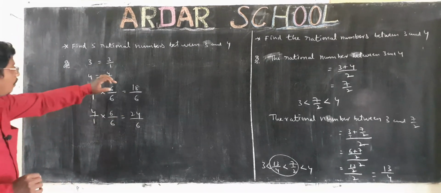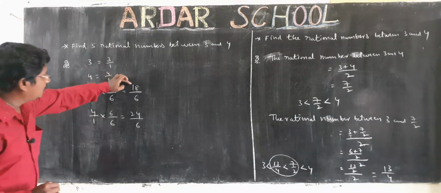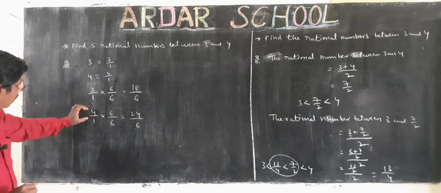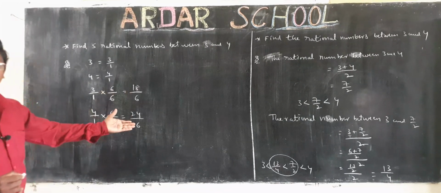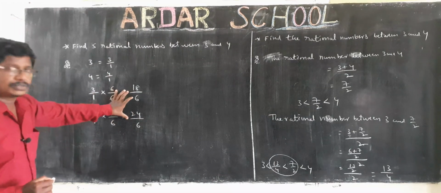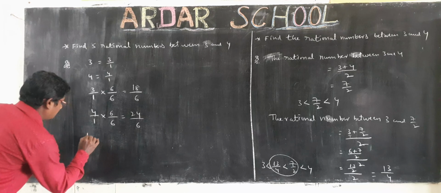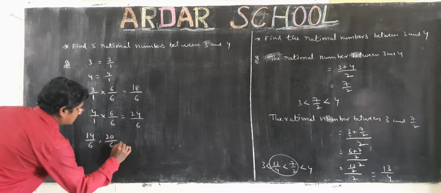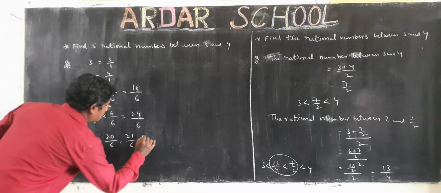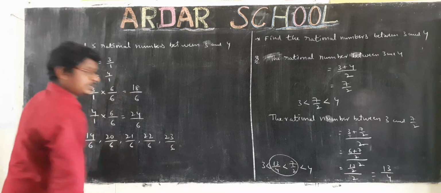The equivalent fraction of 3 by 1 is 18 by 6, and the equivalent fraction of 4 by 1 is 24 by 6. Now we have to find 5 rational numbers between these two. These are 19 by 6, 20 by 6, 21 by 6, 22 by 6, 23 by 6.